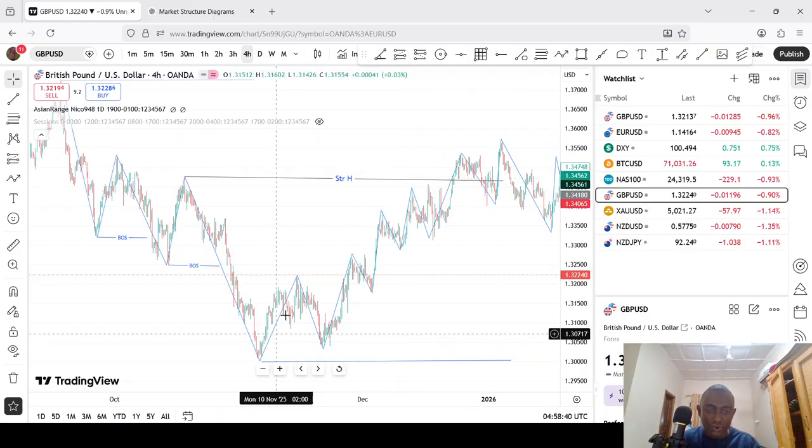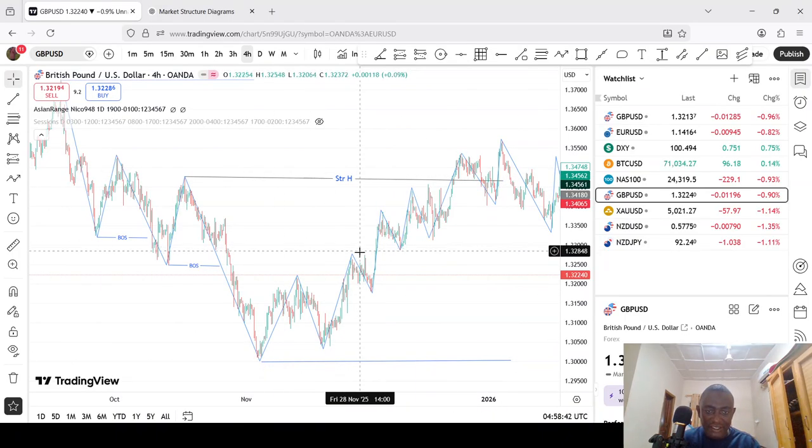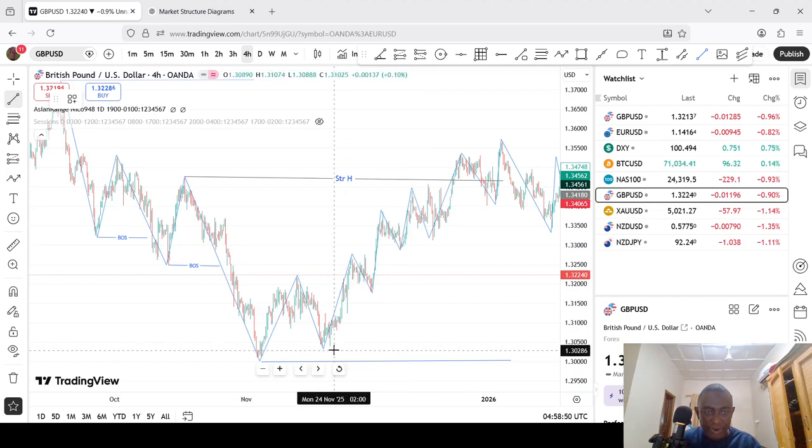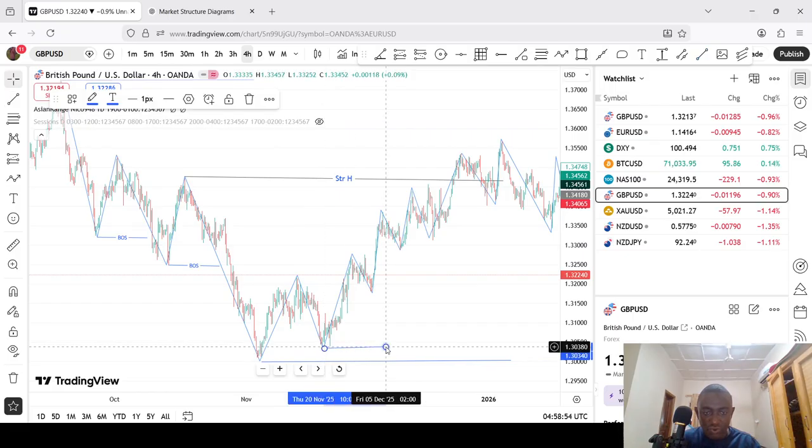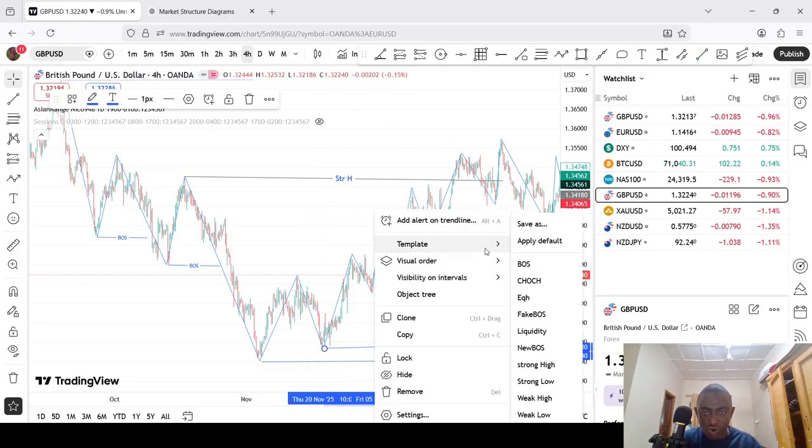So around this one, once price did this here, the first time price broke through this point, because it used this part to break, here becomes our strong low.